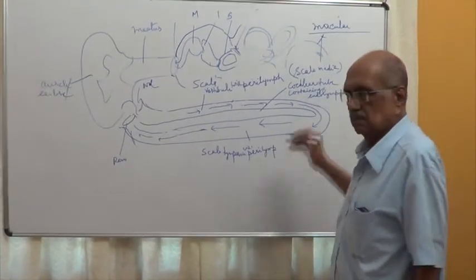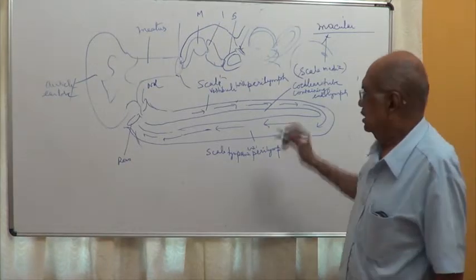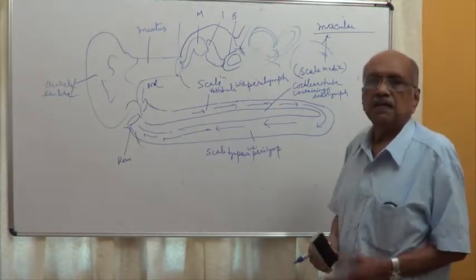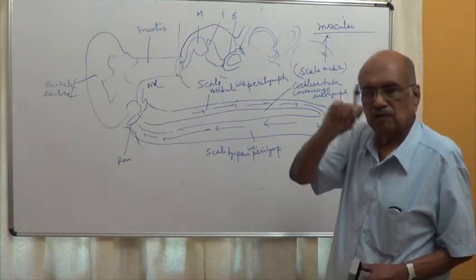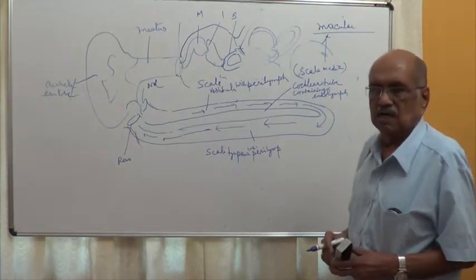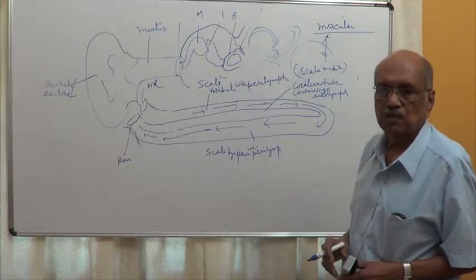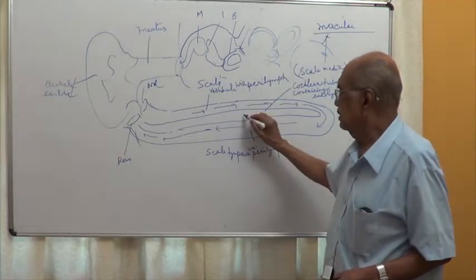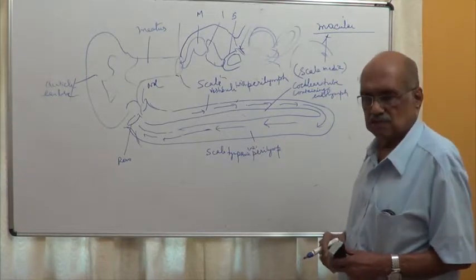Scala media, middle cavity. Tympani and vestibuli are continuous at the end of the cochlea. It's called helicotrema. This area is called helicotrema. This is the one which contains endolymph.